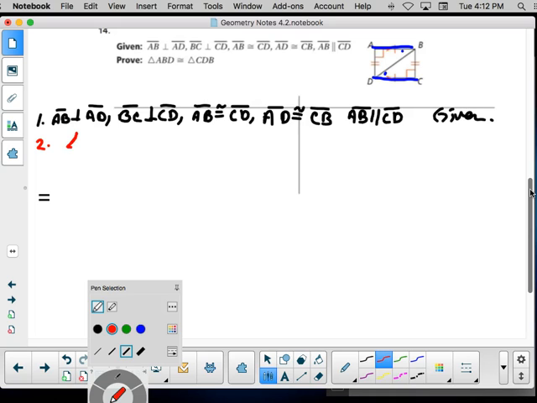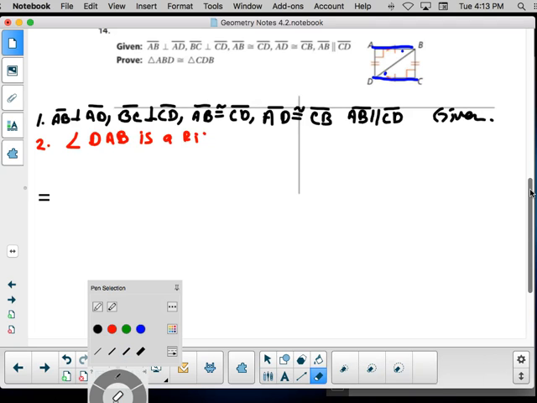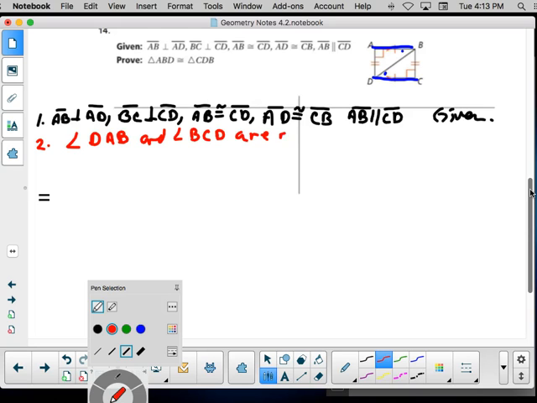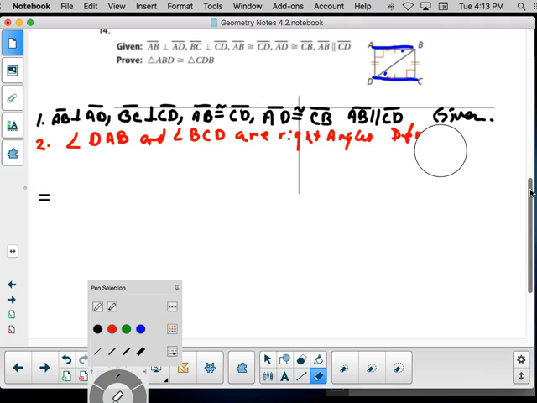So I've got angle DAB is a right, or I'll talk about two of them. Angle DAB and angle BCD are right angles. This is by definition of perpendicular lines.